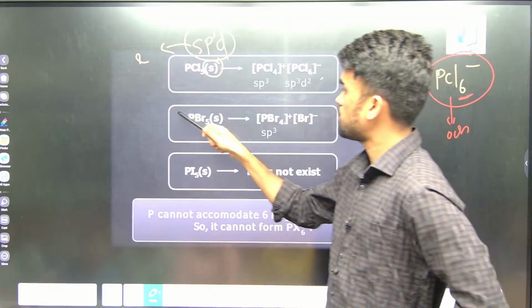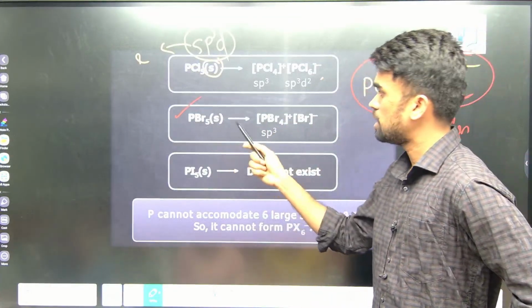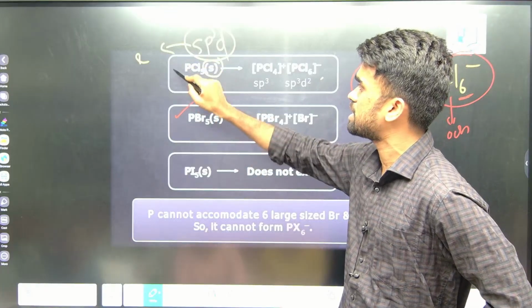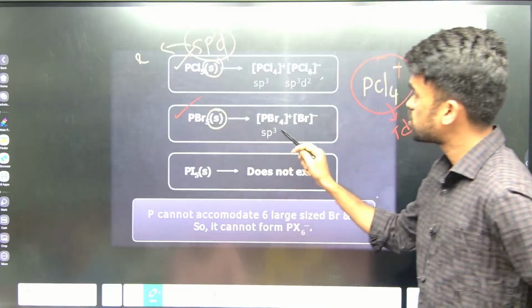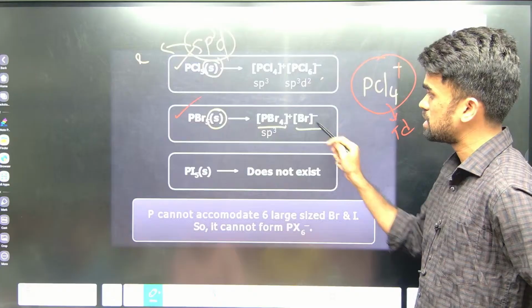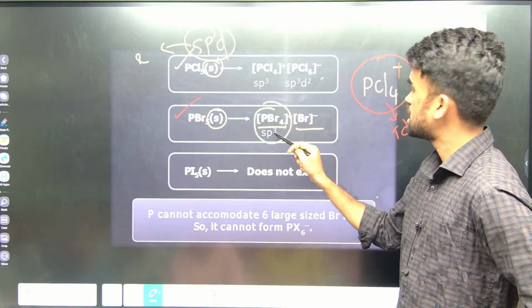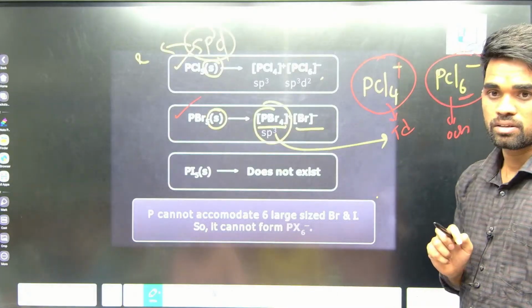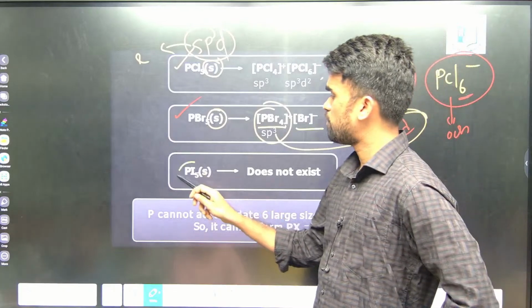Next, what about PBr5? In the gaseous and liquid state it is the same as PCl5, but in the solid state it dissociates into PBr4 plus and Br minus. Again, what is the hybridization here? sp3. If it is sp3, the geometry will be tetrahedral. Remember, PI5 does not exist.